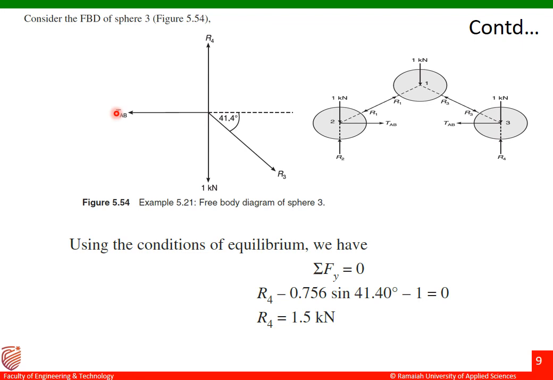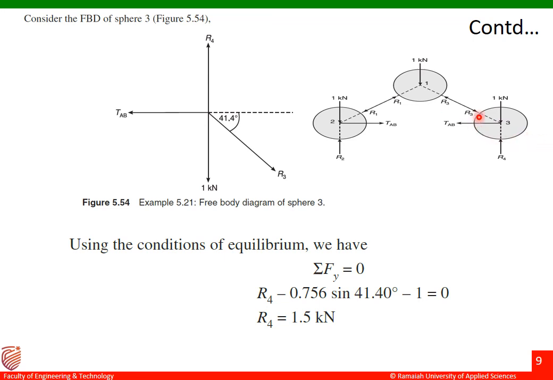So next one is we have to identify the angle made by all these forces there. All these forces, that is R4 and then 1 kilonewton, that is weight, is exactly vertical, and then tension in string AB, that is this force, is exactly horizontal. We don't have to find out the angle for these. Next, the only remaining thing is R3. R3 is acting in the fourth quadrant.